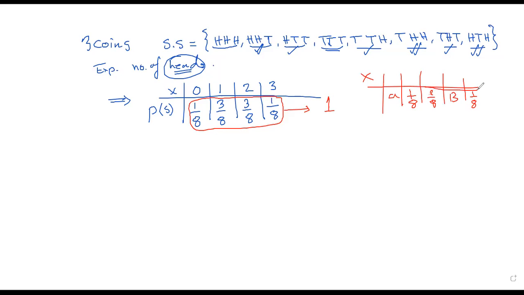So this is an equation we can form, that the sum of everything is equal to 1, and this could be one equation with two unknowns A and B, for which you need to find another equation to solve them simultaneously. This is the idea behind this.